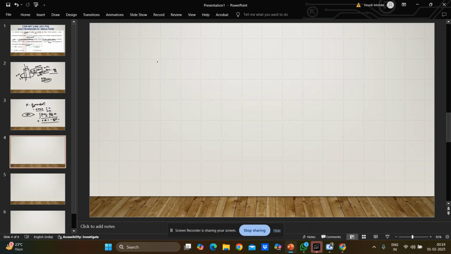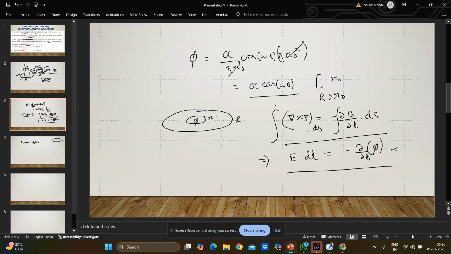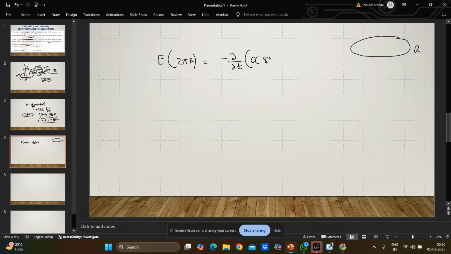So the electric field across this loop of radius capital R is E into 2 pi R equal to minus del T of the flux, which is alpha cos omega t. If you differentiate cos, it will be minus sine, and omega also comes outside because of this differentiation. So E into 2 pi R is alpha omega sine omega t.